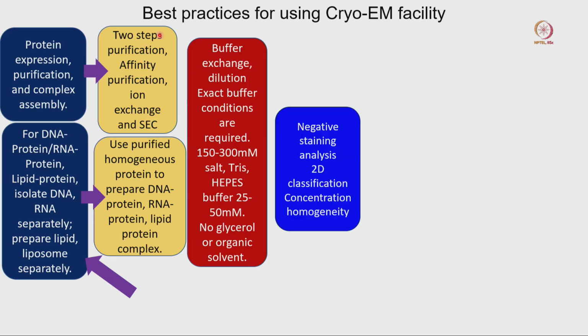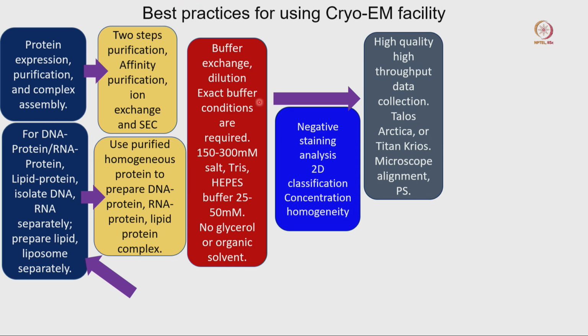Next, when you have this, as I mentioned, you perform the negative staining, TEM imaging, and 2D classification, and we will discuss all of this. Then if everything is working okay, you will go for cryo-EM data collection using Talos Arctica or Titan Krios.